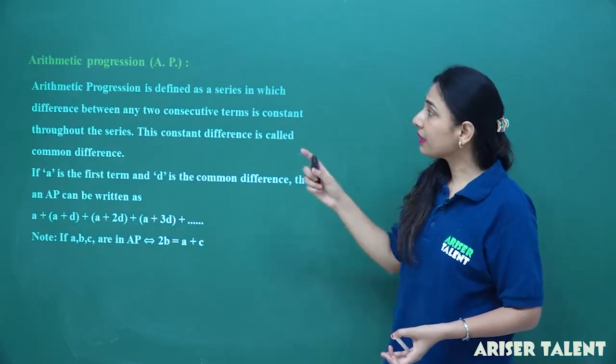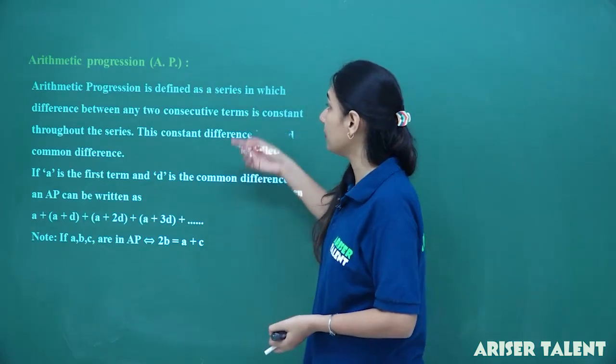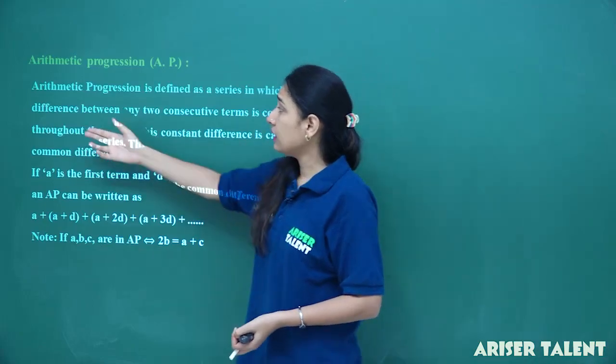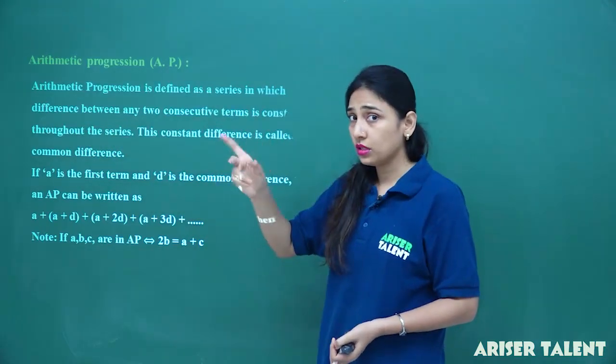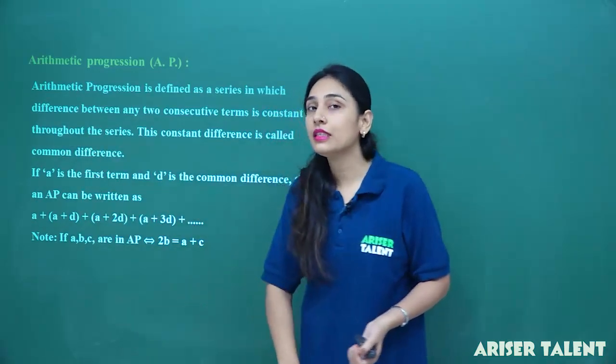Now arithmetic progression, AP. What is arithmetic progression? It is defined as a series, obviously a sequence or series, a series of terms, in which the difference between any 2 consecutive terms is constant throughout the series.